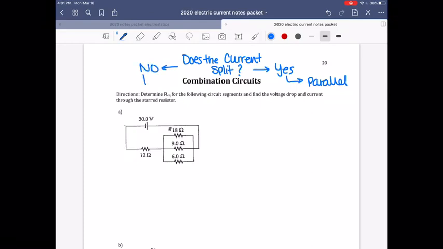If the answer is no, then you're dealing with a series circuit. And once you decide whether the portion of the circuit is parallel or series, then you apply the rules that go along with a series circuit or parallel circuit.